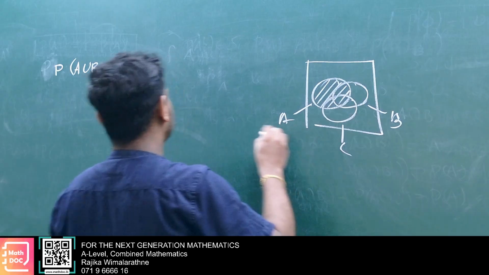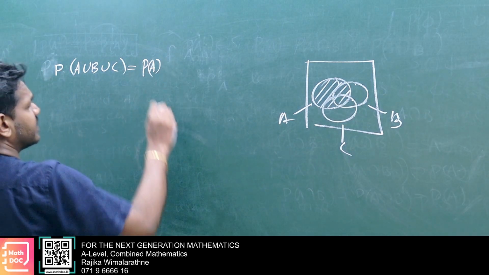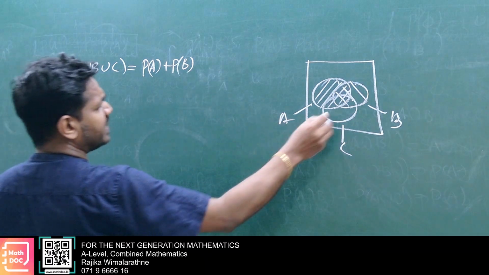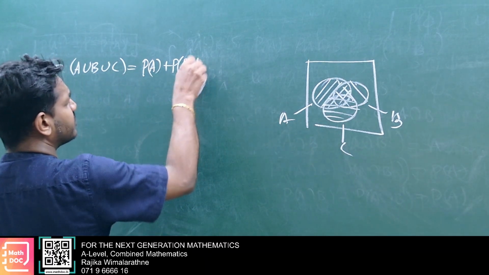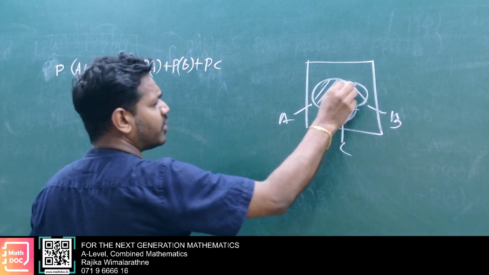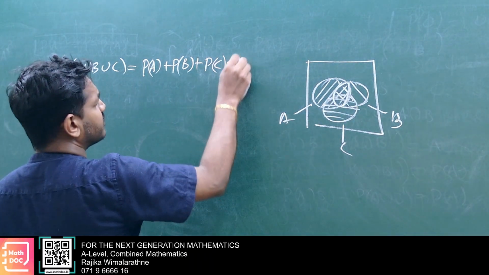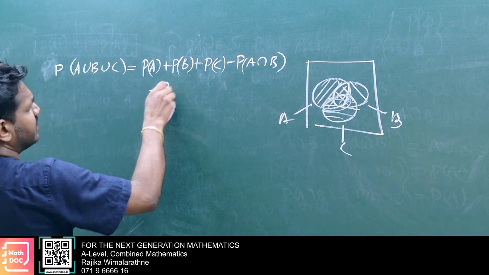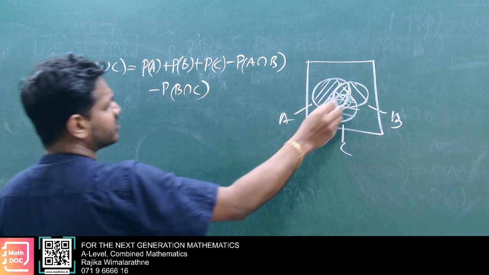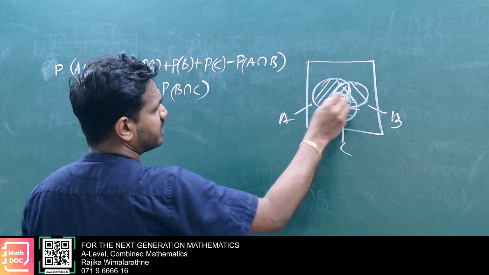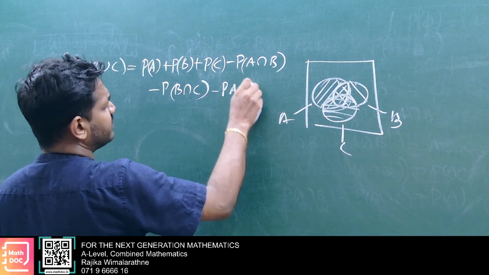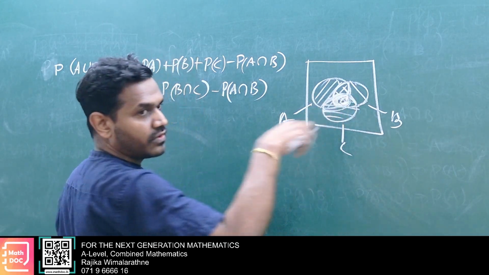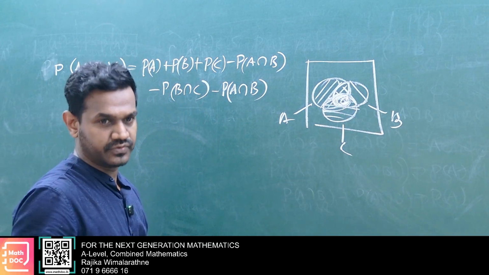First get P(A), now add P(B), add P(C). Now remove this common part, P(A ∩ B), remove this common part, P(B ∩ C), and remove the other common part, P(A ∩ C). Now the middle common one we have completely removed, no?